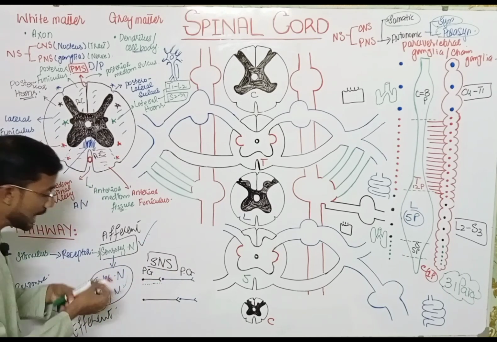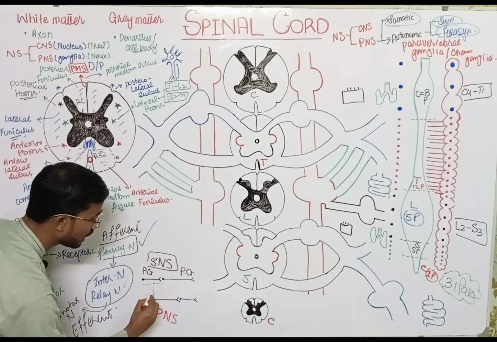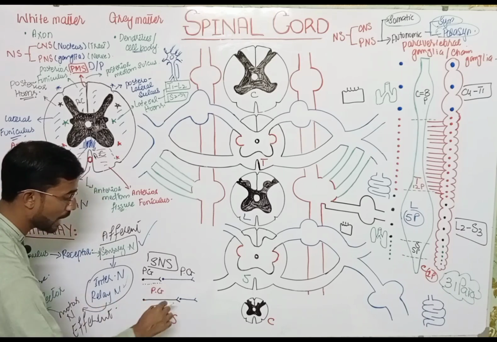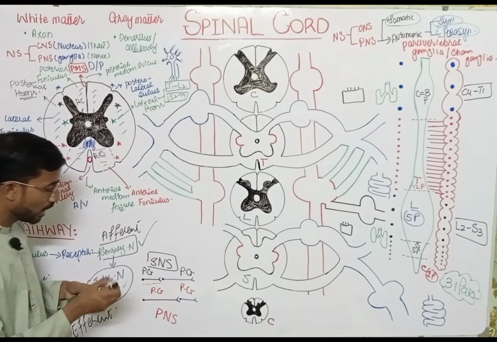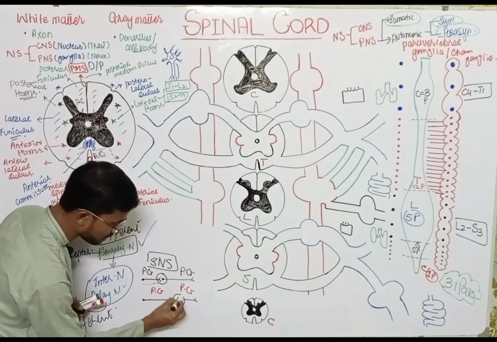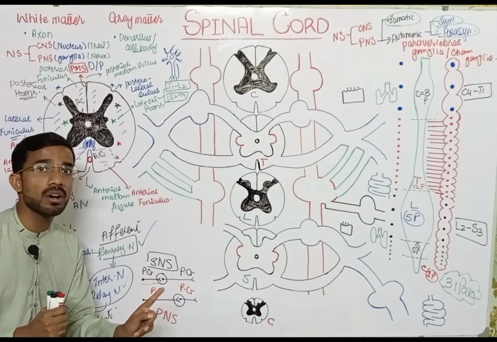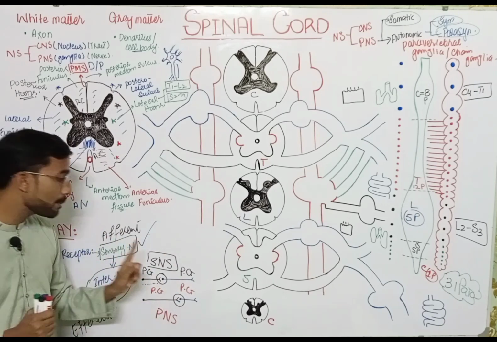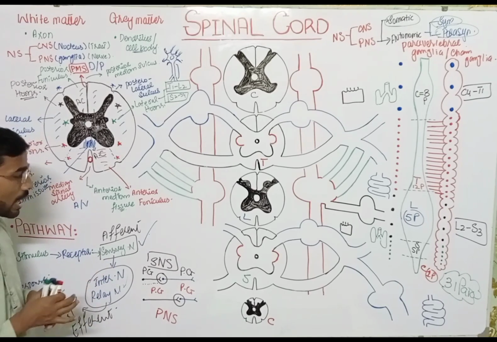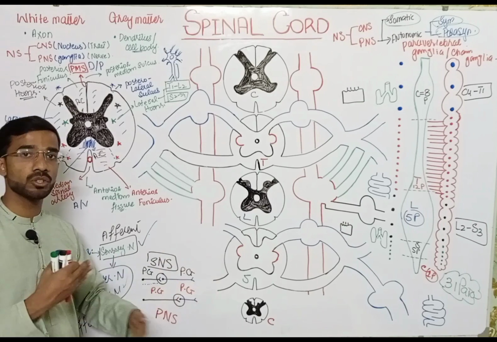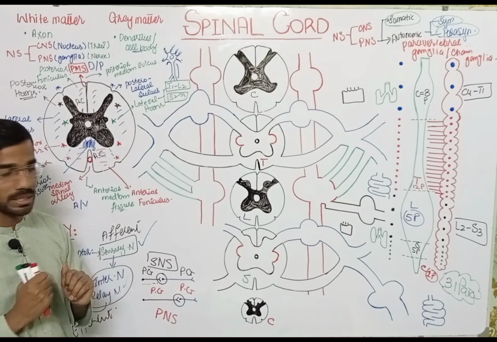In the parasympathetic nervous system, the preganglionic neuron is large and the postganglionic neuron is small. Preganglionic neurons are myelinated and postganglionic neurons are non-myelinated. We will discuss this later, so you can easily understand the basic difference between the preganglionic and postganglionic neuron.